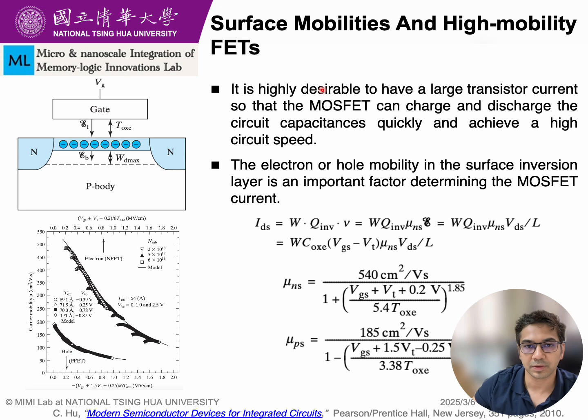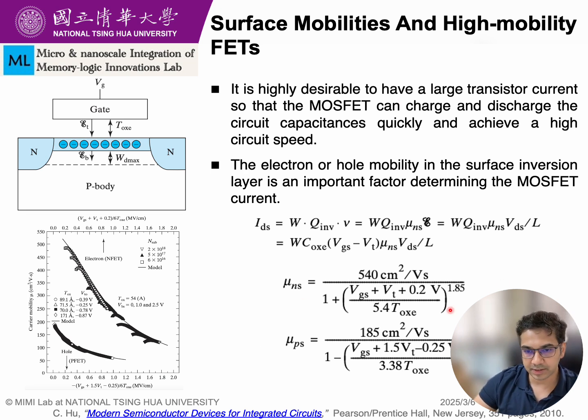Now the equations for mu ns and mu ps are provided, and we are not going into the detailed derivation of this. This is not a device physics course, that's why I'm leaving it behind.